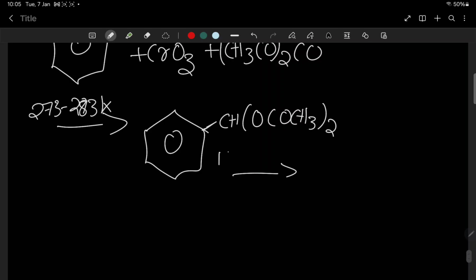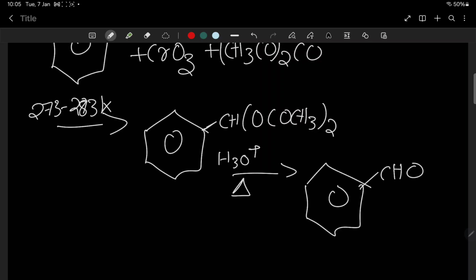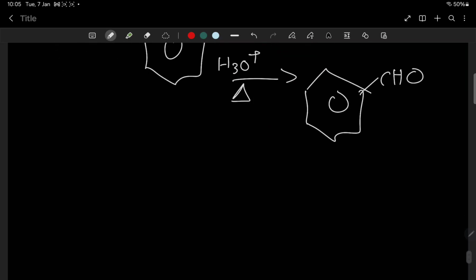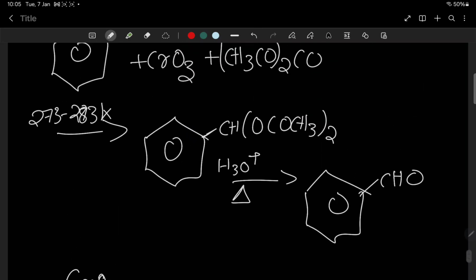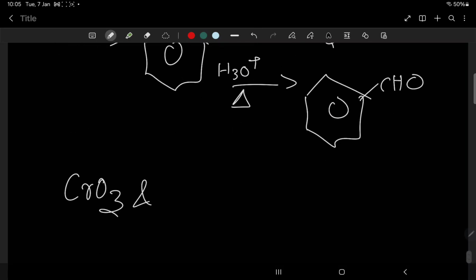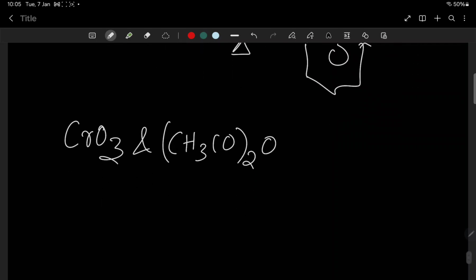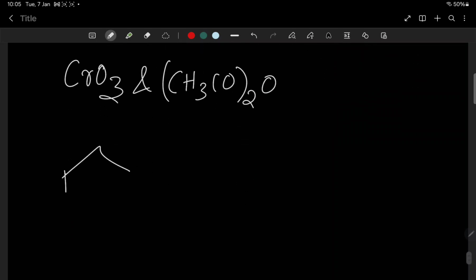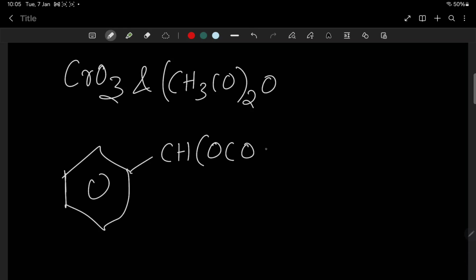And if we hydrolyze it and heat it, we get CHO. This method has no specific name, just a method using chromium oxide, CrO3. Here we are using CrO3 and (CH3CO)2O. Just learn this intermediate, CH(OCOCH3) twice.